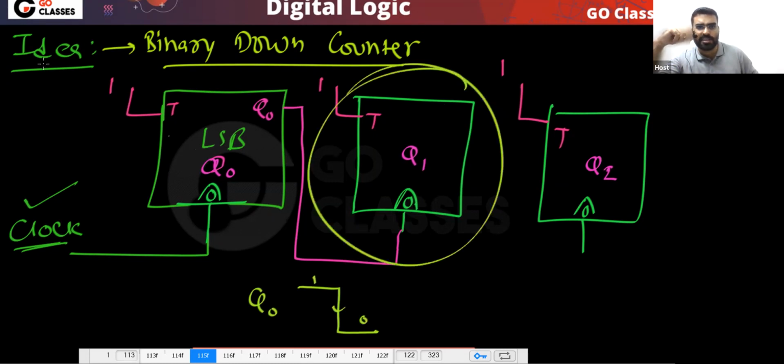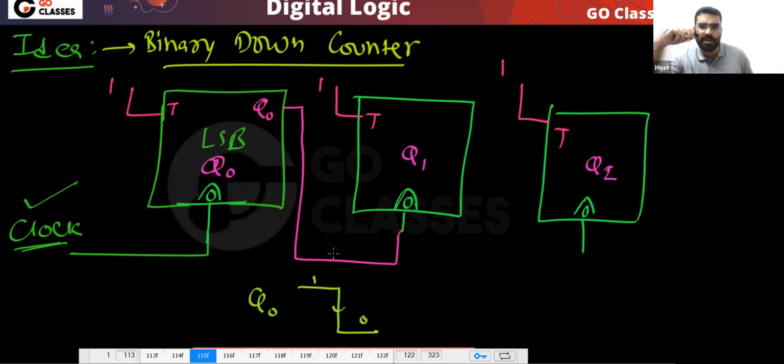Is this what we want or not? We don't want this. We want this to change when Q0 goes from 0 to 1. This is not what we want.